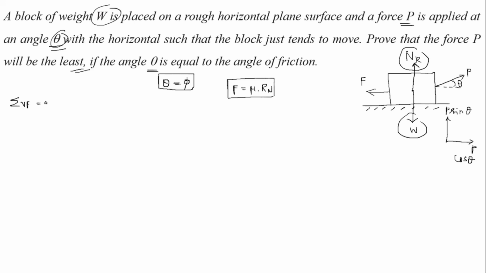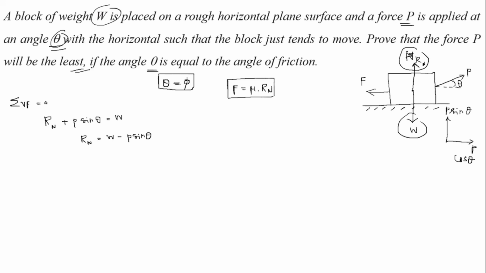Now, sum of vertical forces is equal to 0, right. So, Rn, the normal reaction, is acting upward, right. So, plus P sin theta is also acting upward, which is equal to W acting downward, right. So, now Rn is equal to W minus P sin theta, right.